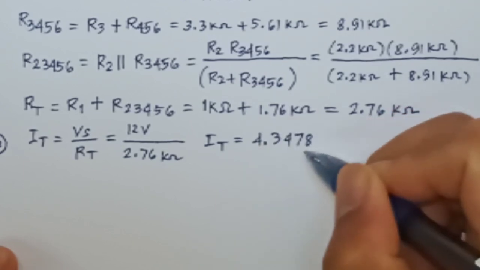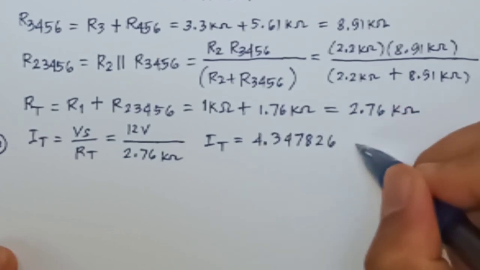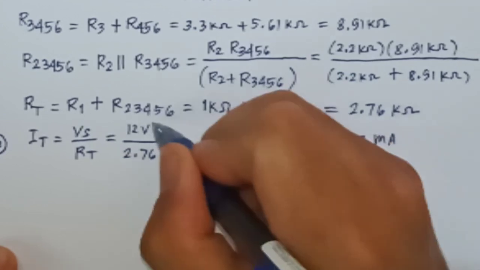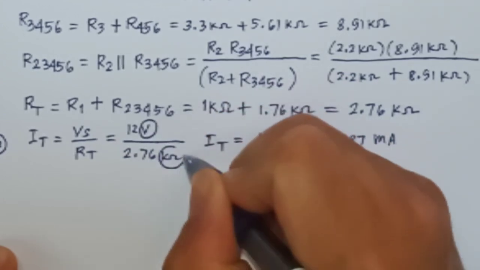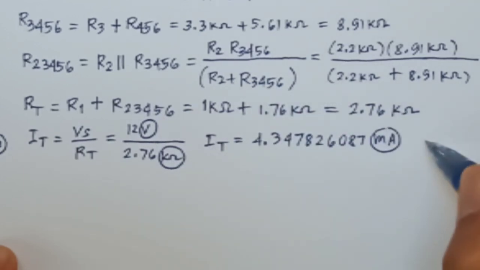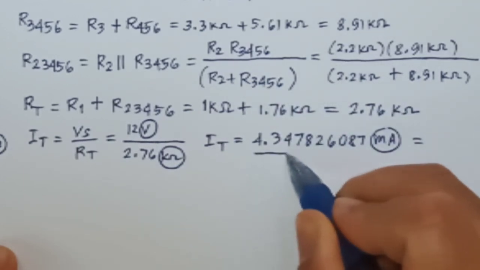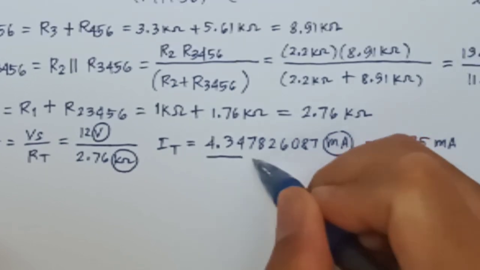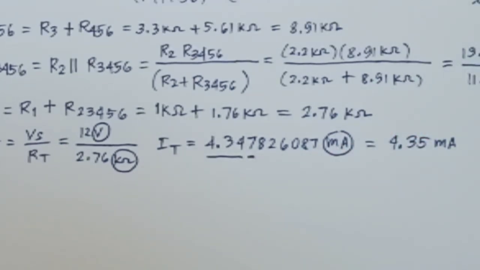Don't forget that. When you divide volt by kilo ohm, the answer will be milliampere. And then let's round this 4.347 to 4.35. That's it for the total current.